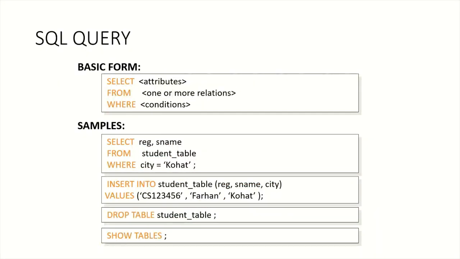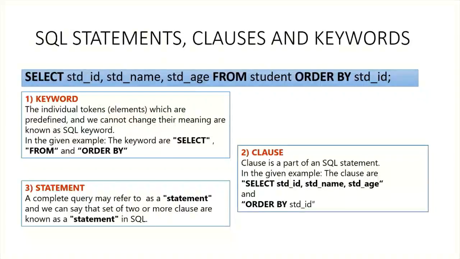Next we have SQL statements, clauses and keywords. Consider an SQL statement. This is a select statement or select query. We have some keywords here and some attributes, a table, and here we have another attribute.